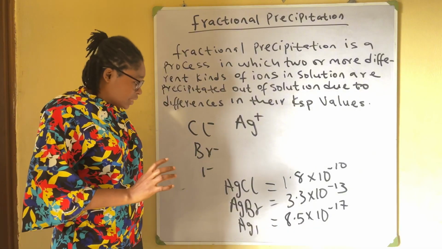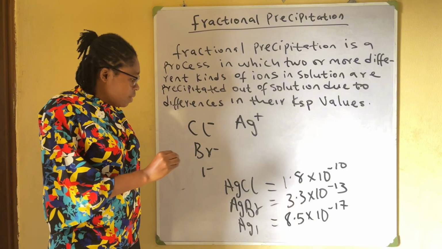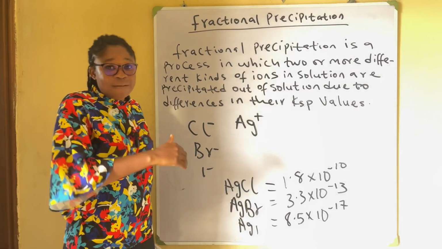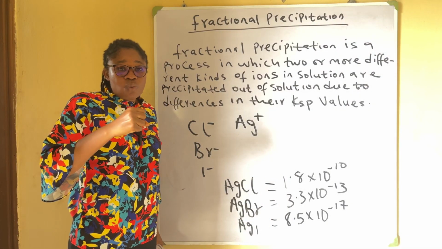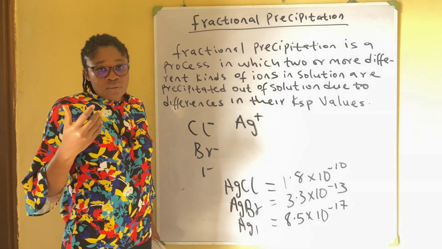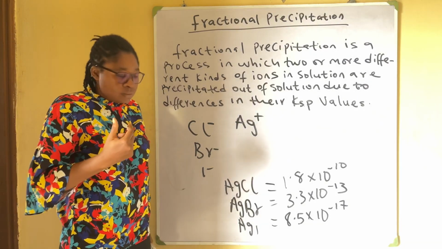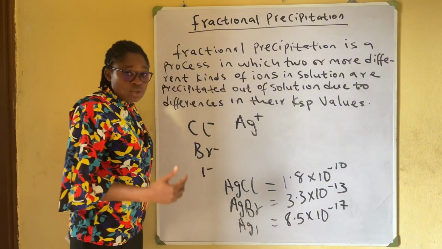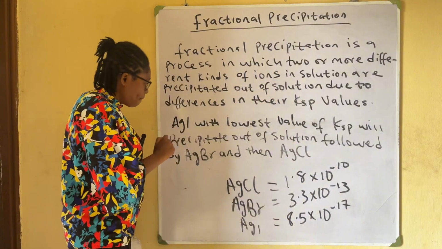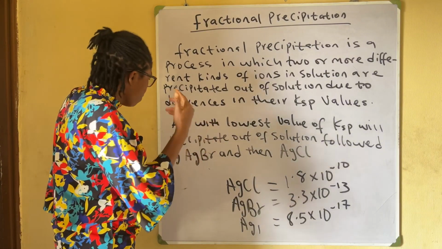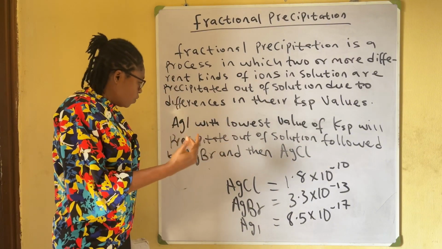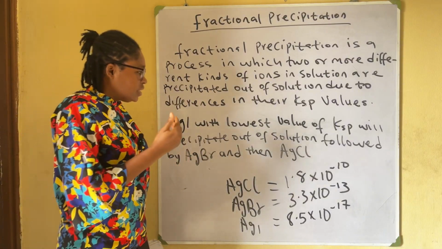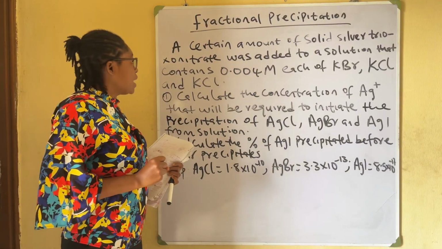If you are given a table like this and asked to arrange these in the order in which they will precipitate out of solution first, the one with the lowest Ksp value will precipitate first. Silver iodide with the lowest value of Ksp will be precipitated out of solution, followed by silver bromide, and lastly by silver chloride. So let's look at this exercise on the board.